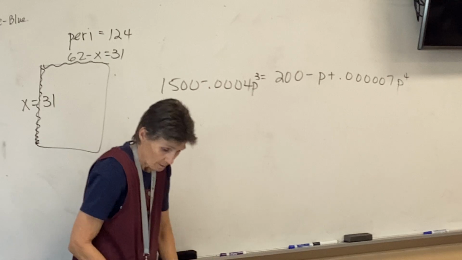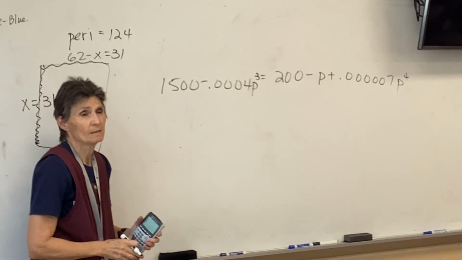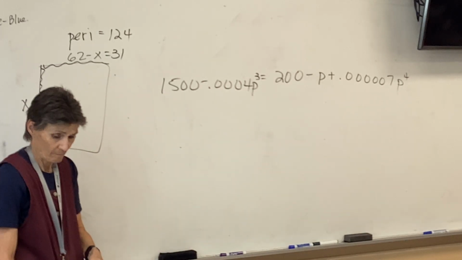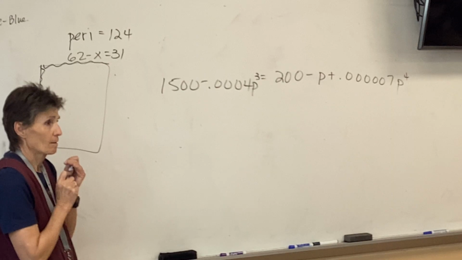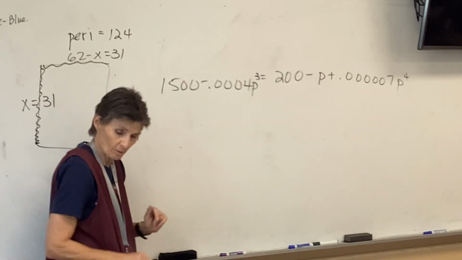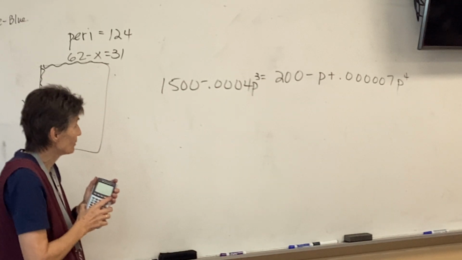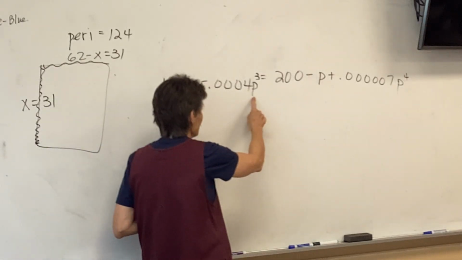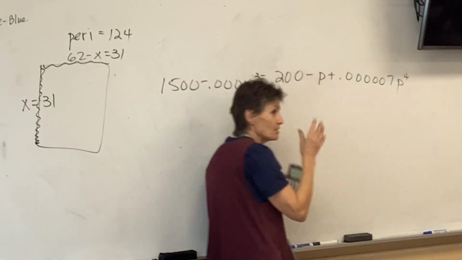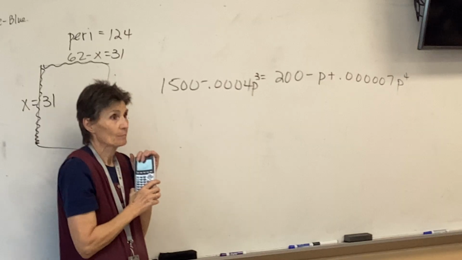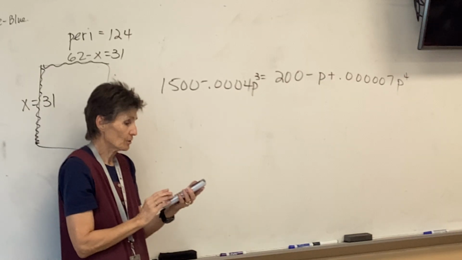Okay. Thoughts on that? This is on the calculator part of your test, so you're sitting over the calculator. Could we type that in and just see where they cross each other? Yeah, I can put that on there.